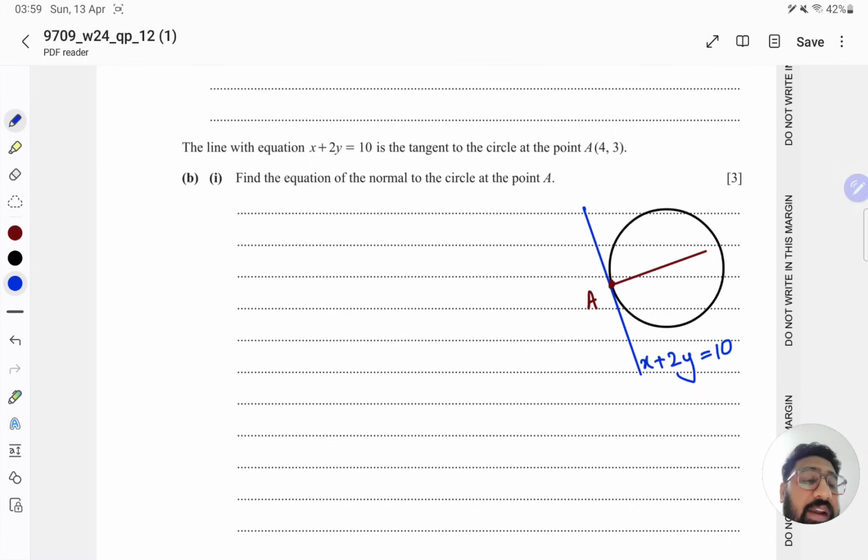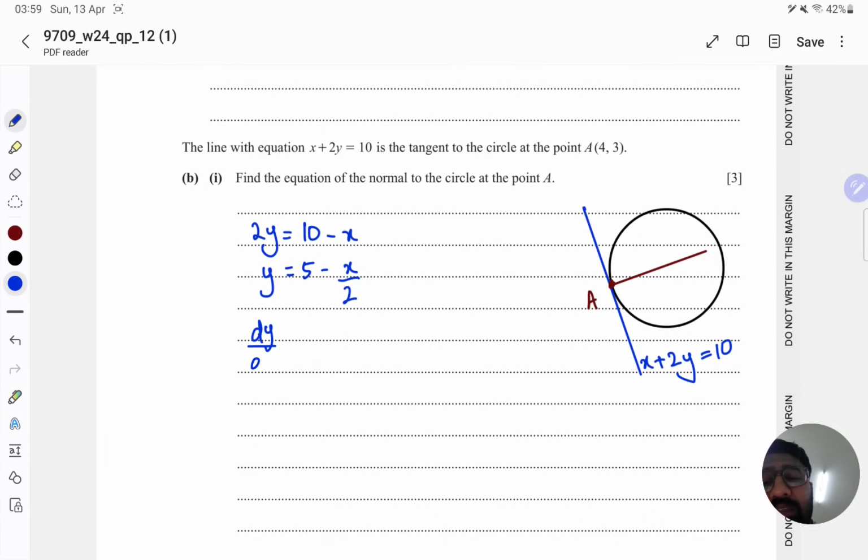So we will first find the gradient of the tangent line basically. So how can we find that? We will make y the subject. So 2y will be equal to 10 minus x. So y will be equal to 5 minus x divided by 2. So for finding out the gradient of this, we will find dy by dx.